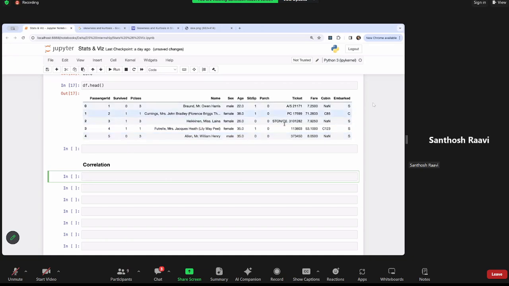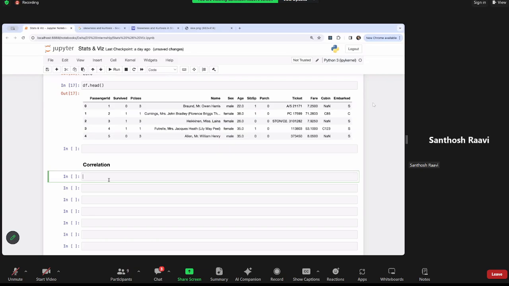Survived is a variable, fare is a variable, and sibsp is a variable. So correlation will give you the relationship between the variables. What will be the relationship between the variables? That's what the correlation will give you.